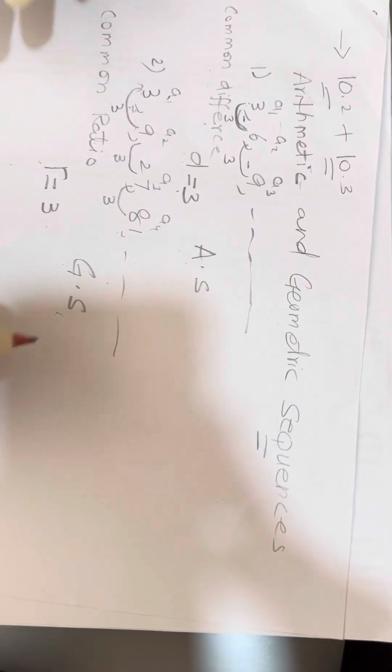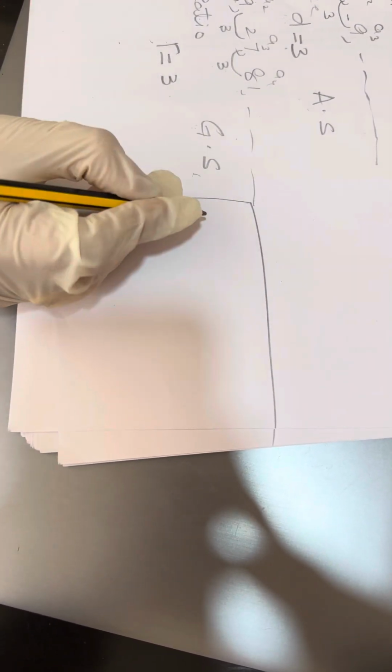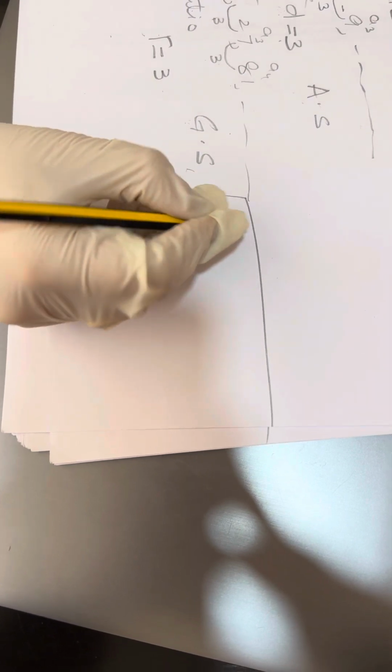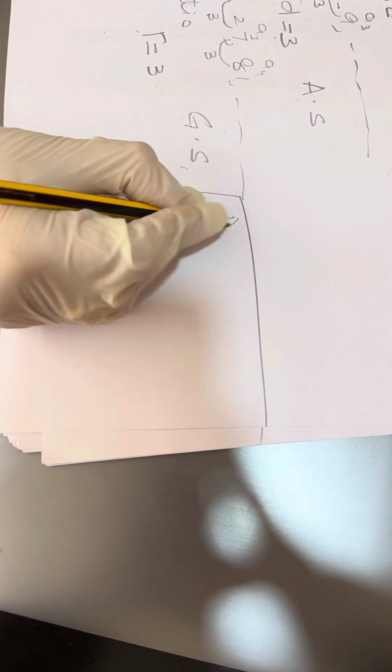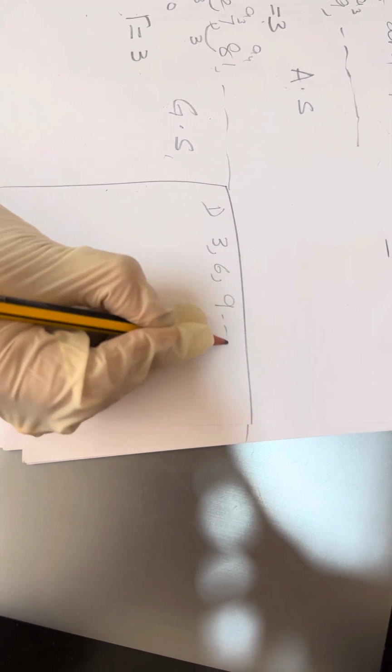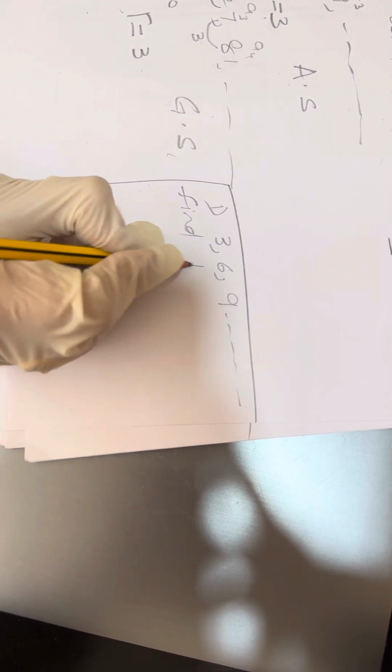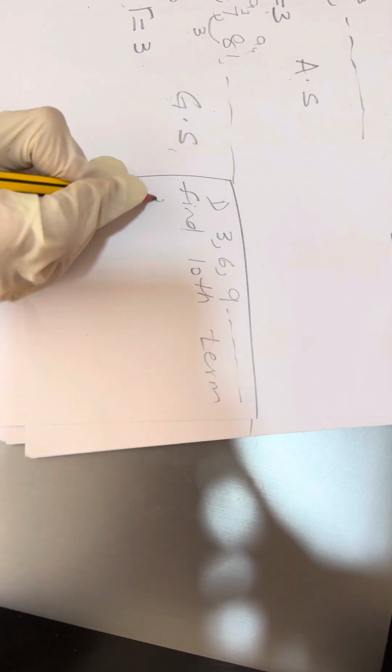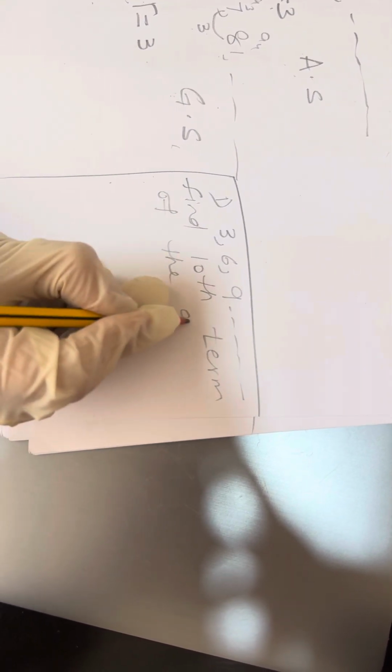Now let's go to the second example. For example, if I give you the sequence, let me take the same sequence: 3, 6 and 9. And I'm telling you to find the 10th term of the given arithmetic sequence.